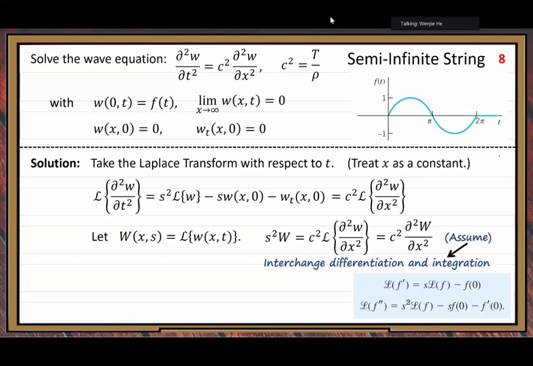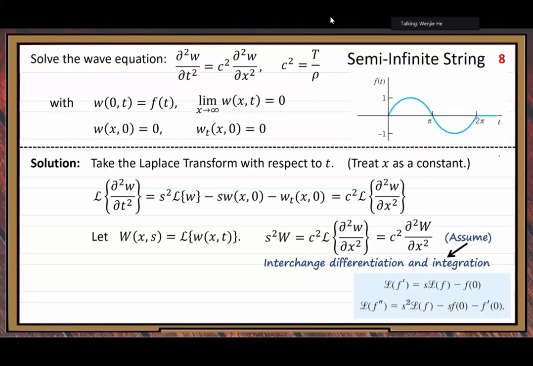Inside this W function there is an s, not t. We treat that s as a constant. Then this equation becomes an ODE.